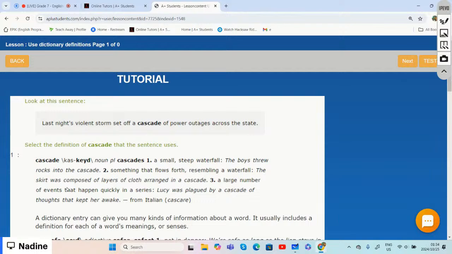And we need to use the dictionary definitions, meaning the meanings, right?